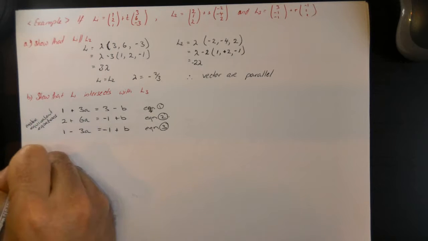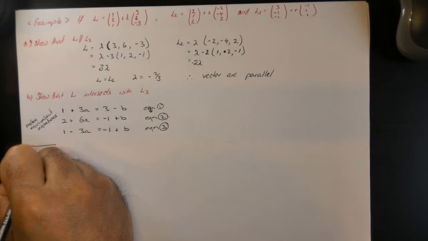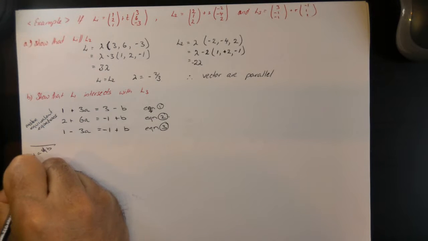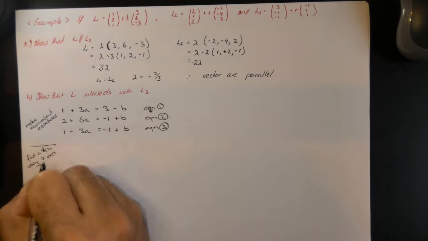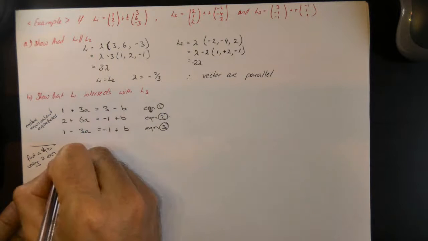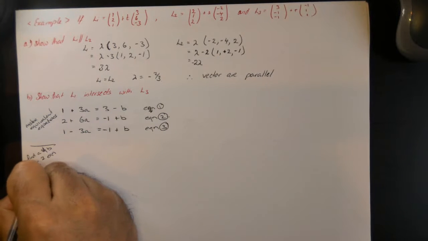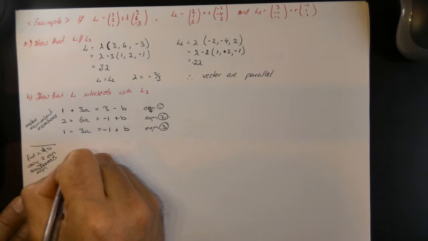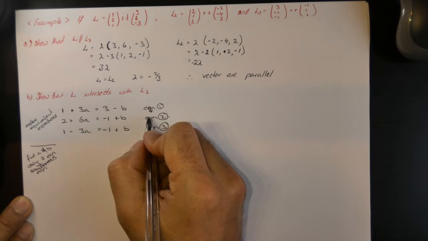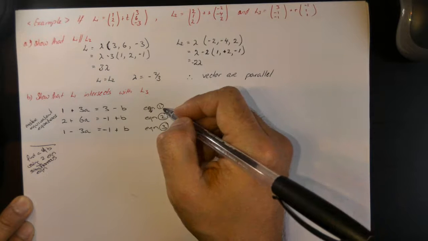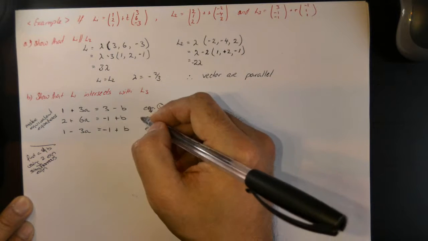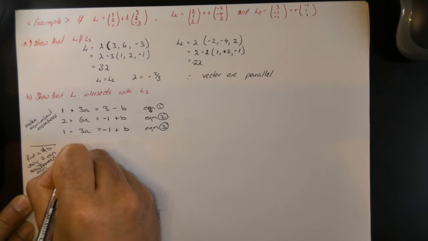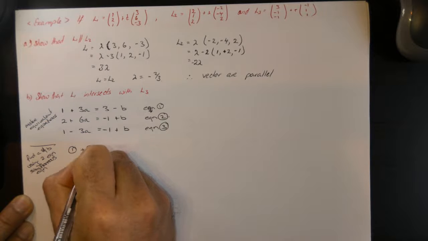And then what we want to do is find a and b. I'm just going to use 2 equations for that, so I'm going to do a simultaneous equation. If I add the 2 equations together, I will kill the b off. So equation 1 plus 2.